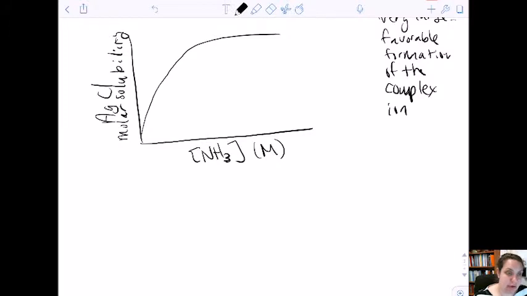We can also take advantage of solubility and the formation of complex ions to selectively precipitate out different ions.